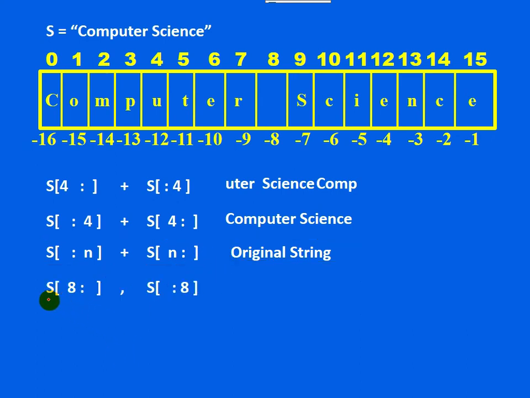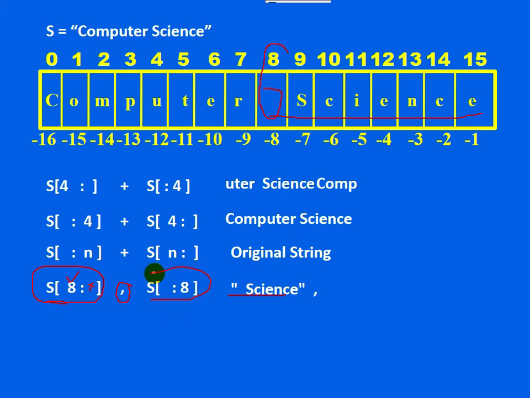Next one, S of 8 colon. What is the meaning of this one? All the characters starting with index 8 till the end. The first one is a space character, so space character till the end. Let me write it here. Now followed by a comma. It is not the concatenation operator, comma.